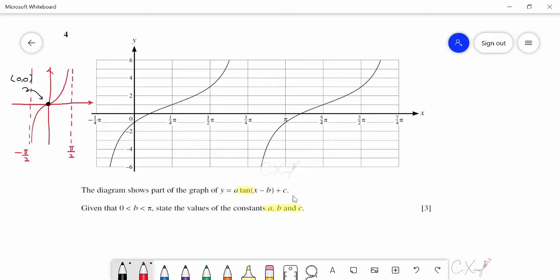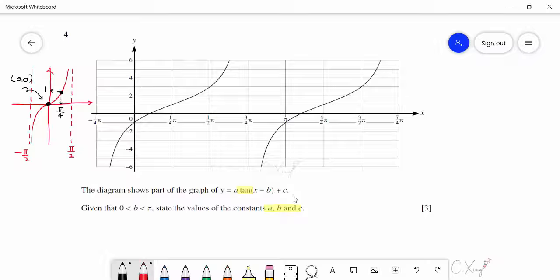You can see that or not? Okay, it is the center of this whole graph. Another important point will be this one, which is pi over 4, because when you have tangent of pi over 4, the value of y will be equal to 1.